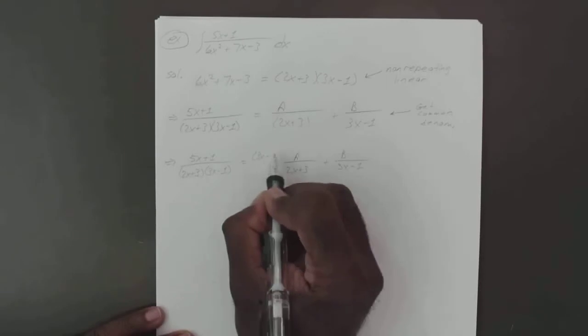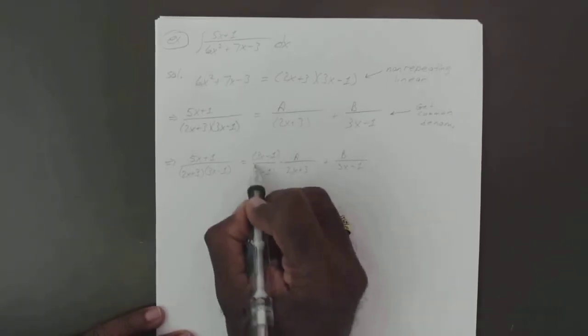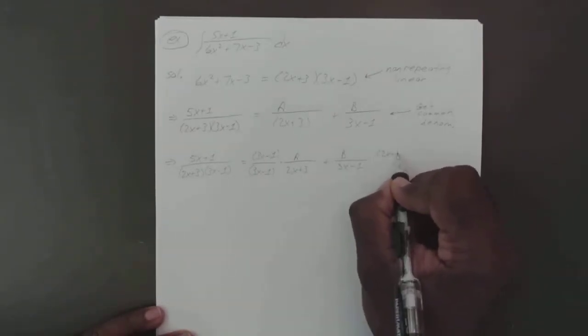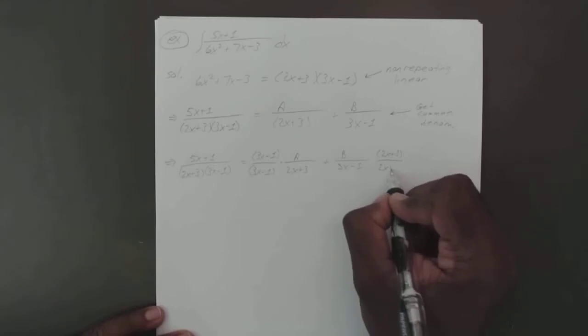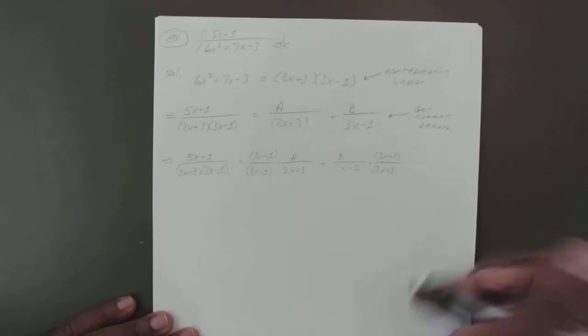Multiply this one by 3x minus 1 over 3x minus 1. And this one by 2x plus 3 over 2x plus 3.